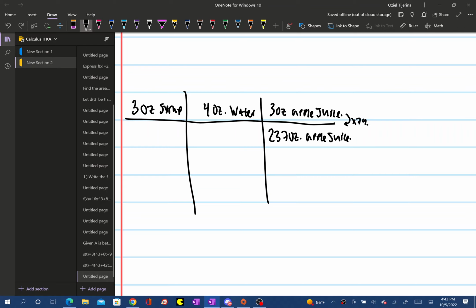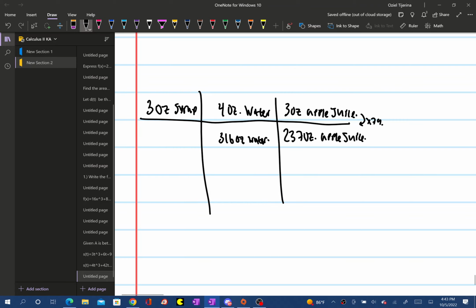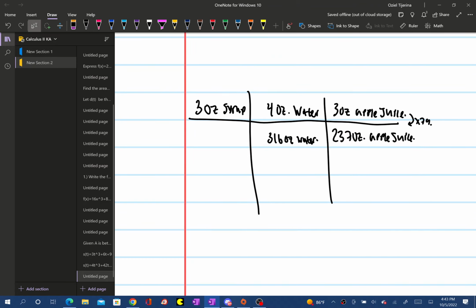That means for the large bowl it would be 4 ounces of water times 79, which is 316 ounces of water, and then 3 ounces of syrup times 79 would be 237 ounces of syrup.